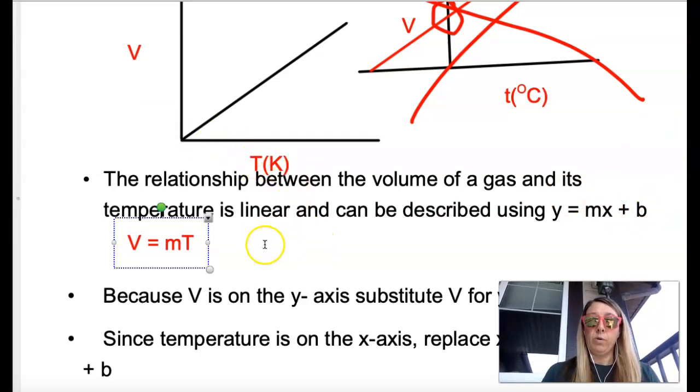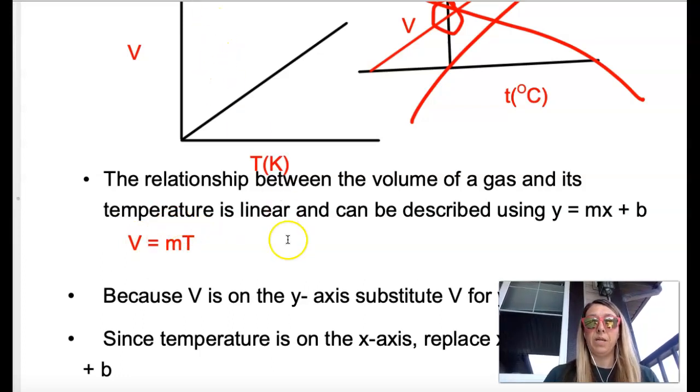So again, if we want to rearrange this like we did yesterday, and we want to isolate the m, I would have to divide by T to be able to do that. So we get that V over T is going to be equal to m. Okay, same thing as the last lesson as well.